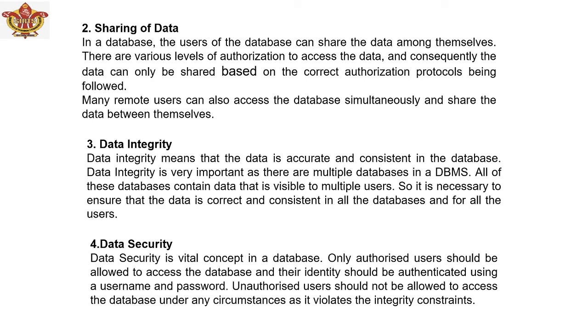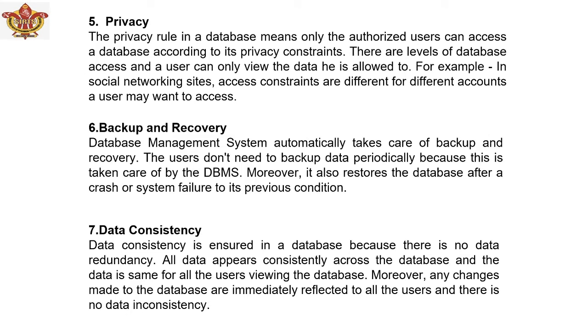Now in the next slide we will see privacy. Privacy is another important advantage of DBMS. Privacy rules in the database mean only the authorized users can access a database according to its privacy constraints.